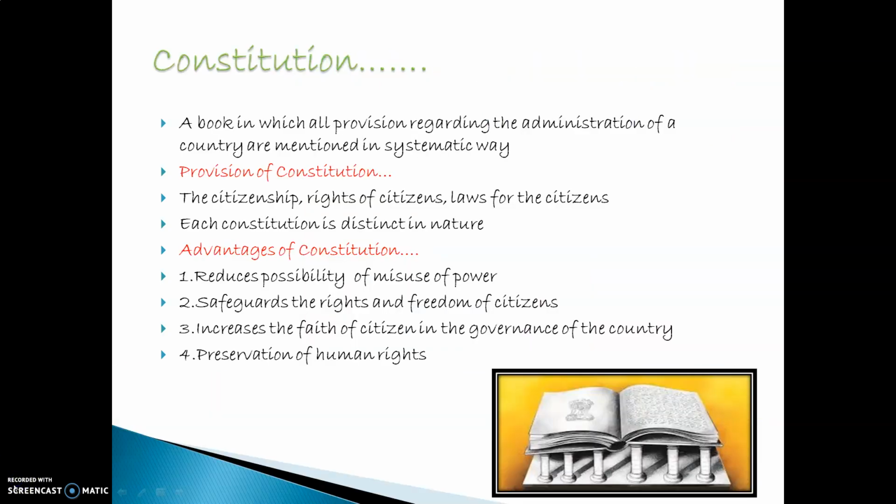Constitution. The Constitution is the book in which all the provisions regarding the administration of a country are mentioned together in a systematic way. The Constitution is the fundamental law of the land. The judiciary has been given power to declare the laws which do not observe the provisions of the Constitution as unconstitutional.